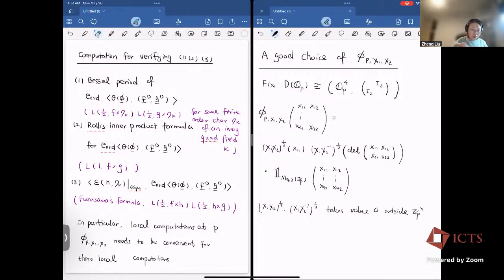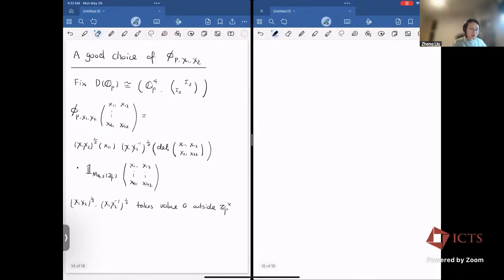This will be the choice we make. If you have seen some constructions of Eisenstein measures for constructing p-adic L-functions, you can see some similarity here: you want the upper left element to be inside Zp cross, and then the 2x2 block to be inside GL2(Zp), and you put the characters there. So this is going to be our choice. And what is the good property of this choice?